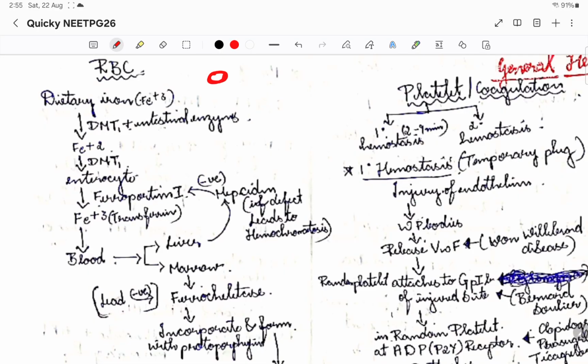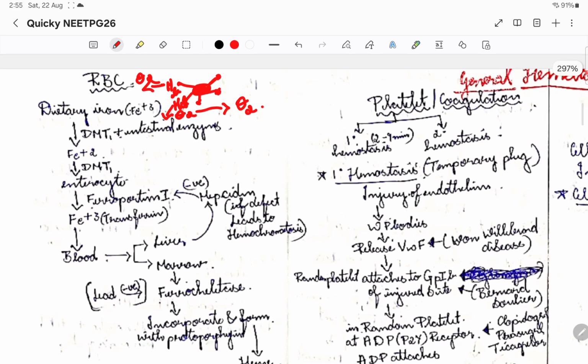So RBC is there, globin is there, heme will be there, heme will be the center, and the globin structure will be there, that is alpha and beta chains. So these carry hemoglobin, right? Hemoglobin will be there. So all this hemoglobin will carry oxygen. Okay, oxygen molecules. So this will be given to the tissues when oxygen is required.